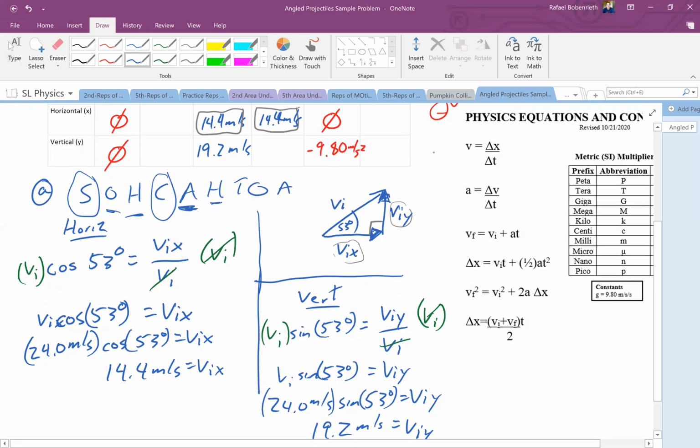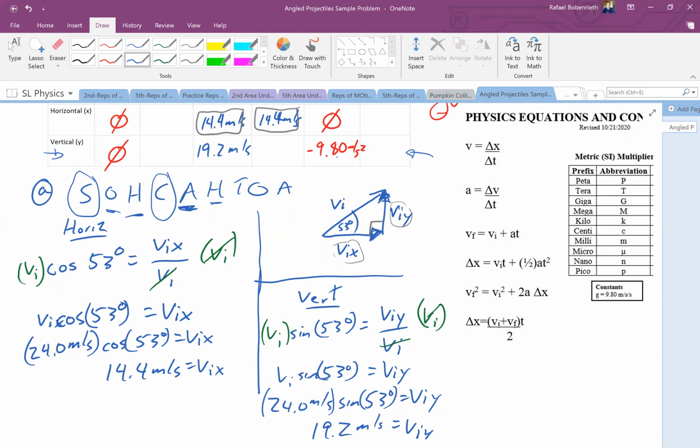So we have to look at our vertical values. They're the ones that are going to help us here. We know the initial position, the initial velocity, and the acceleration. One other piece of information we have to remember is what happens in the vertical direction at the max height. What do we know is true at that split second at the max height?